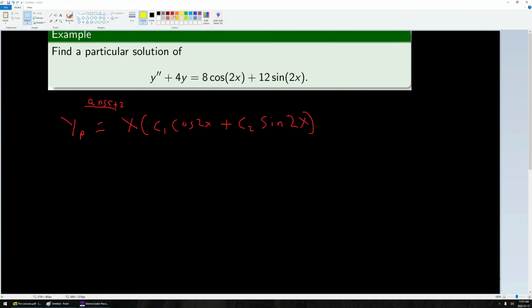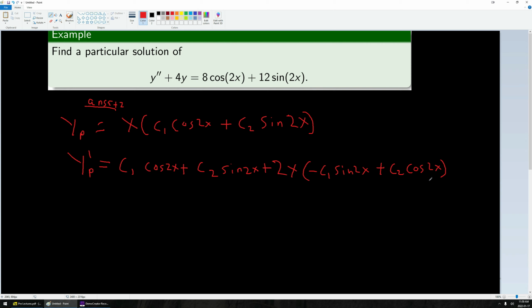So now we're able to compute these derivatives. Just to save a bit of time, I'm going to write them out real quick. When I take the first derivative of this and simplify it a bit, I can rewrite it like this. Again, I'm really just doing the product rule and drawing it out immediately. From here, I can compute the second derivative by taking the derivative of this thing, and recall we need the product rule here.